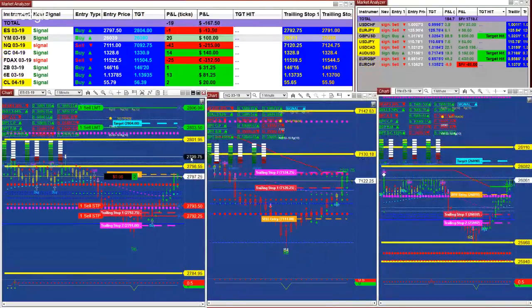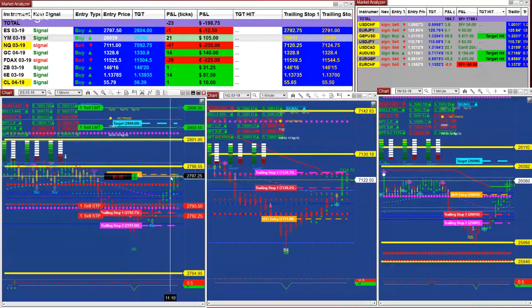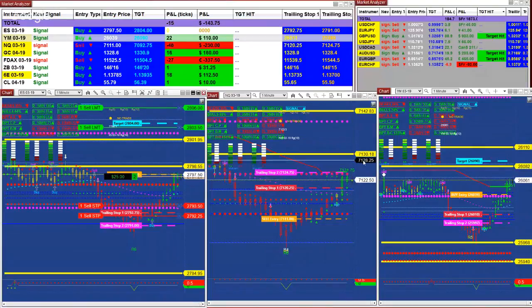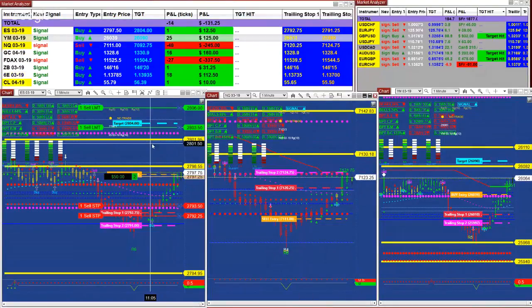I really don't like this one here. The market changed direction immediately, and this entry, 97.25, is extremely high. I doubt very seriously it's going to survive this one here.